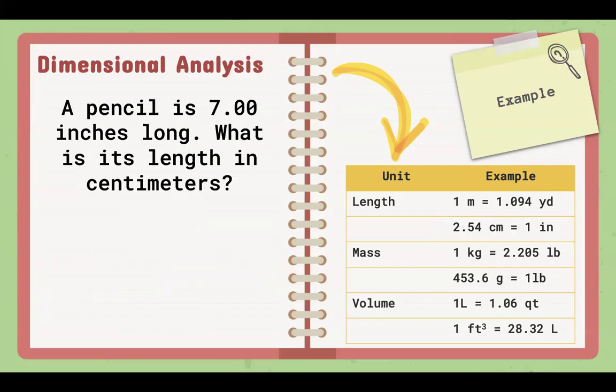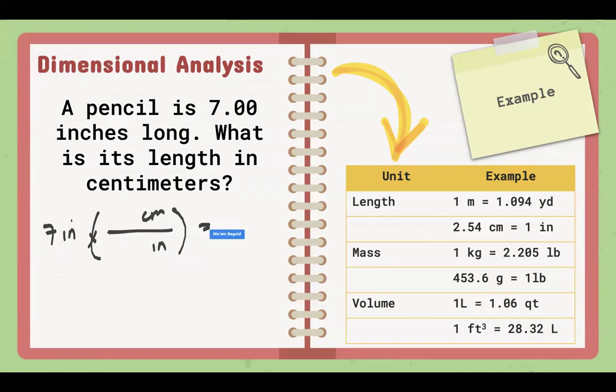Now you can try this one. Let's say we have a 7-inch long pencil and you want to convert it into centimeters. It's the other way around. So write 7 inches, multiply, or you can just easily write parentheses over here. So your desired unit is in cm and your given unit is in inches.